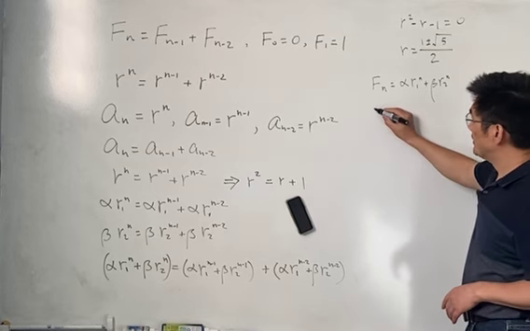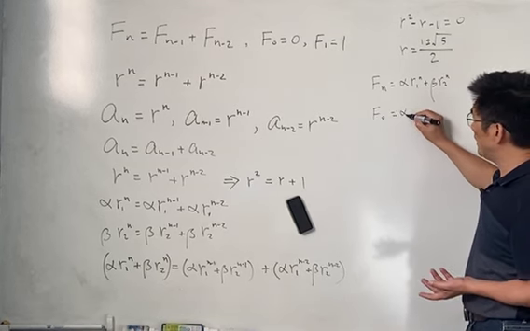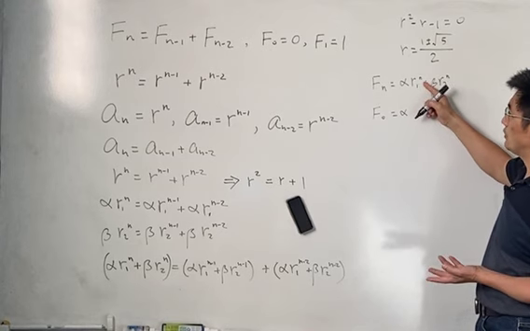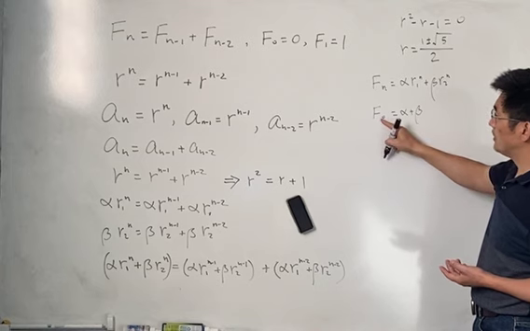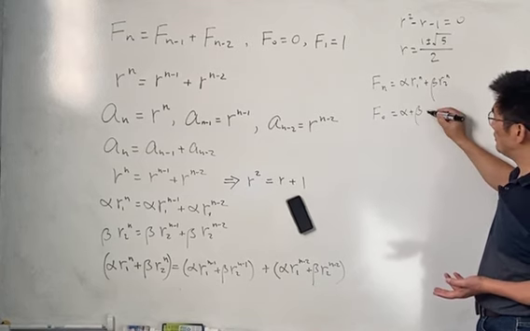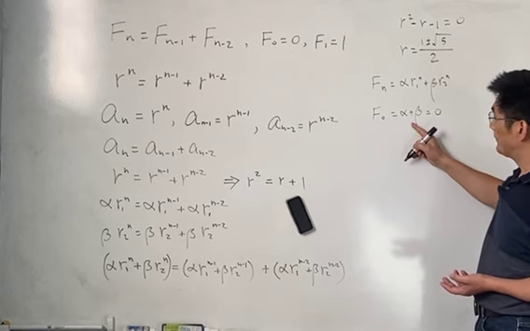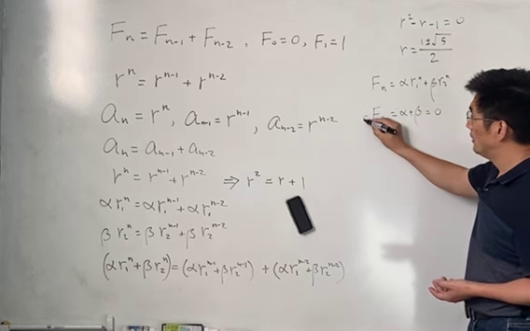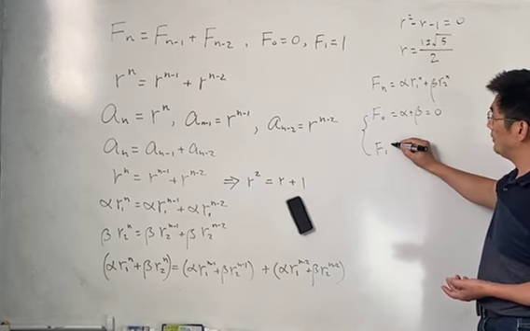Because if I say f naught, that'll be alpha times r sub 1 to the power of 0, which is 1. So you've got to make sure this equals alpha plus beta. That's 0, so therefore alpha is equal to negative beta. And we know the other one is f1.